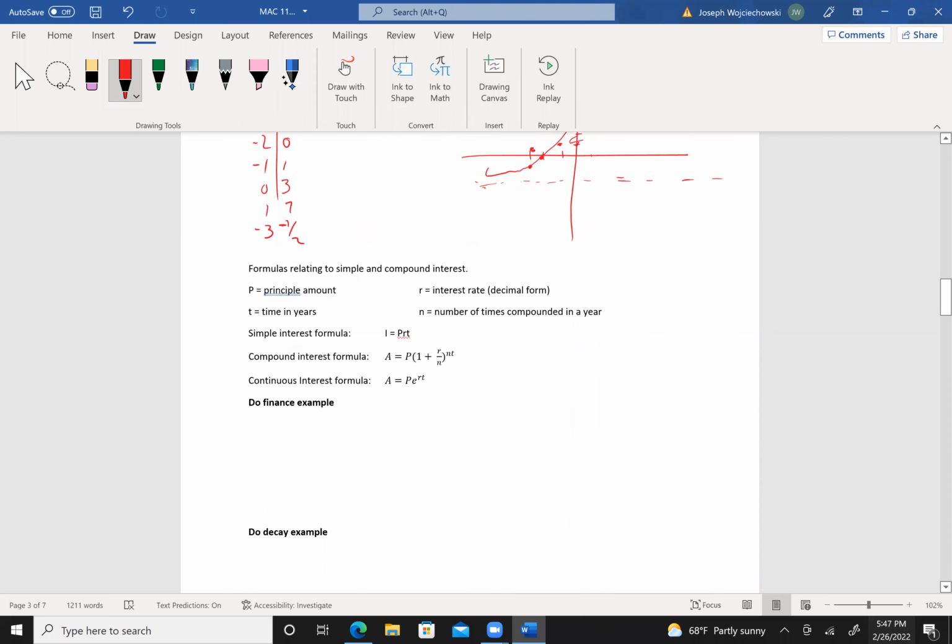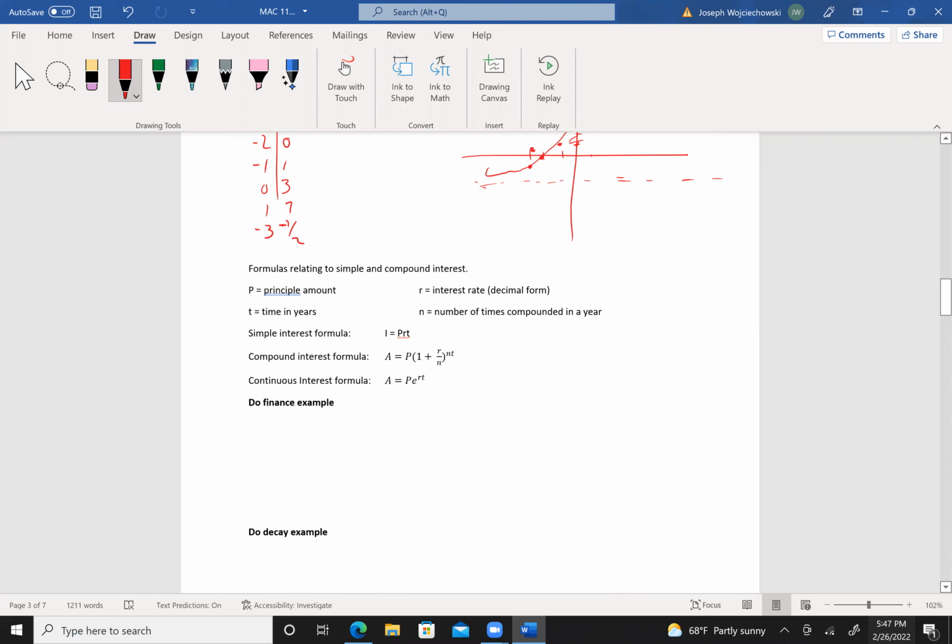Okay, so then there are some real world applications of this. The first one being simple and compound interest. We're talking formulas relating to simple and compound interest. We have the principal amount, which is P. T is time in years.